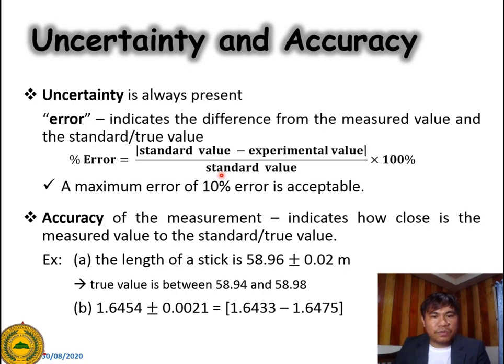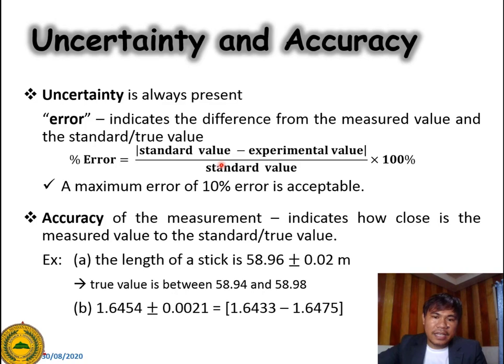But you have to take note that if you later want to publish your experiment, a 10% error is a very big one. So you need to minimize it down to a small percentage error. But one thing you have to remember is how we define accuracy versus precision.